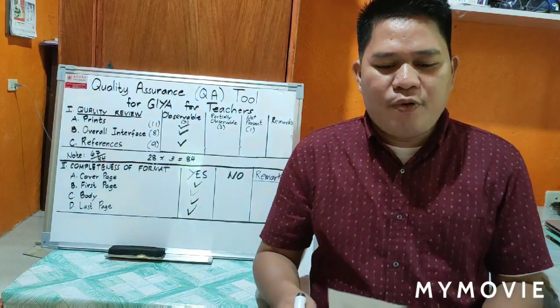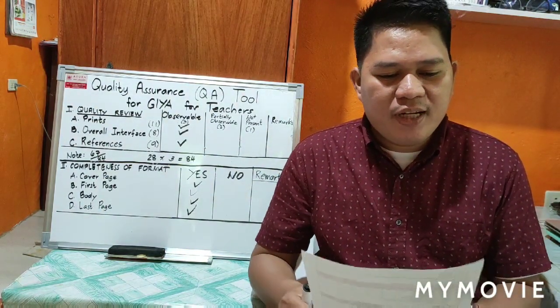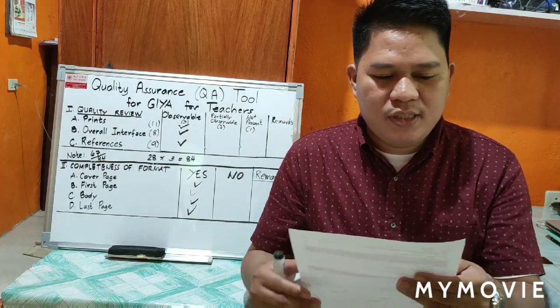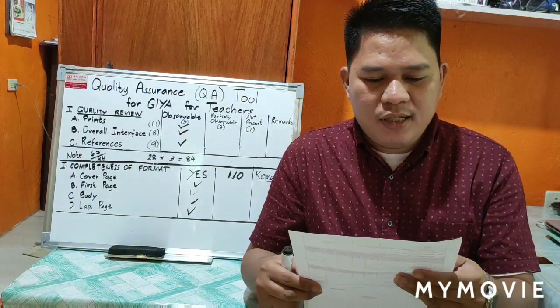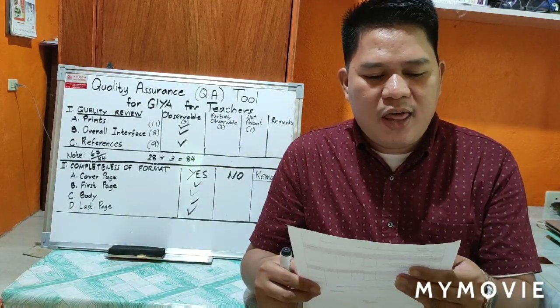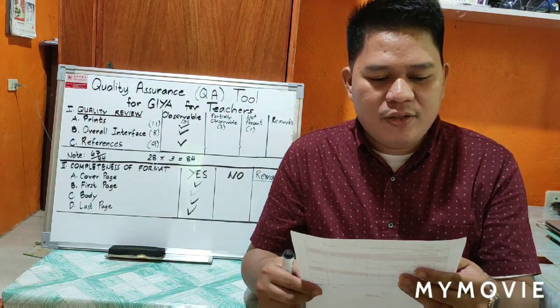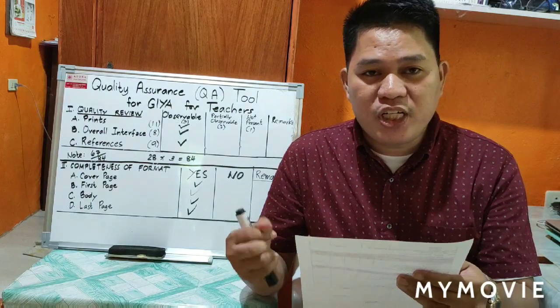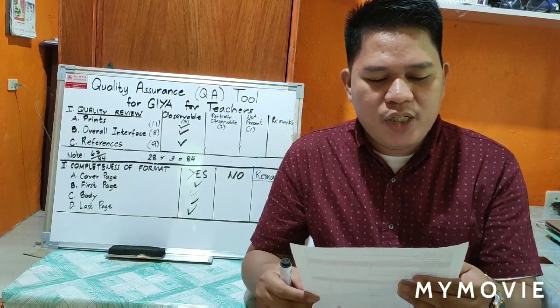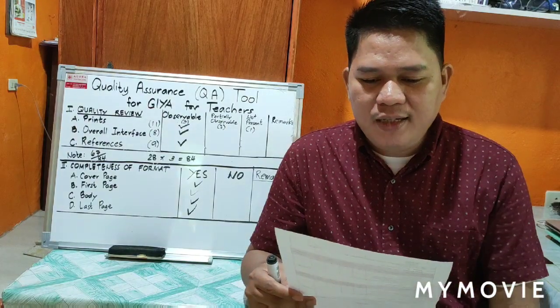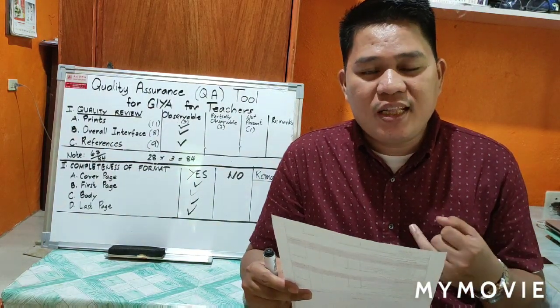So let's now proceed for the number 3, other findings. So there are 4 indicators: conceptual errors, factual errors, third is grammatical or typographical errors, and the other errors we have computational, obsolete information, errors in the visuals, etc. So for our criteria, we have 4, 3, 2, 1.